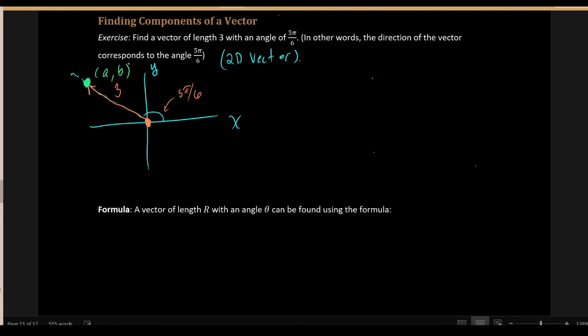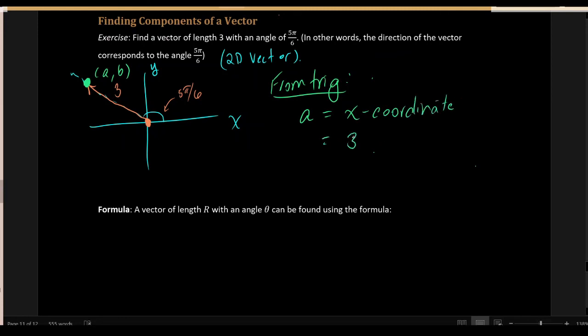Now, the formulas that we need to find the location of this point are the formulas that you probably learned in pre-calculus 2 or in trigonometry. We have the fact that the x-coordinate of this point can be found by taking the distance 3 and multiplying it by the cosine of the given angle. 3 times cosine of 5 pi over 6, which, if I recall correctly from my unit circle days, cosine is negative root 3 over 2 at that angle.